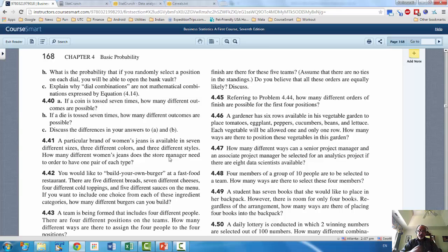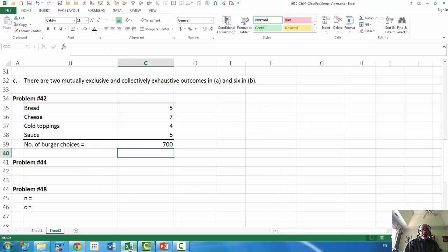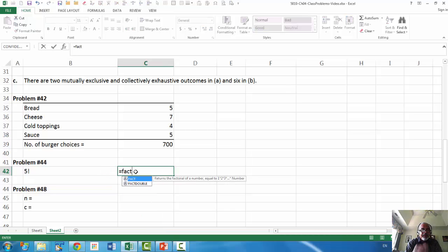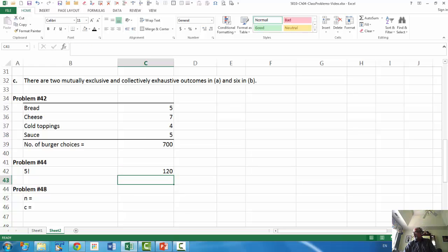You're not choosing just a few from the 5. When you're not making a choice of a subset, then it is simply n factorial. There are 5 teams, so it's just 5 factorial, and there is a function in Excel called fact, which gives us the factorial of 5.